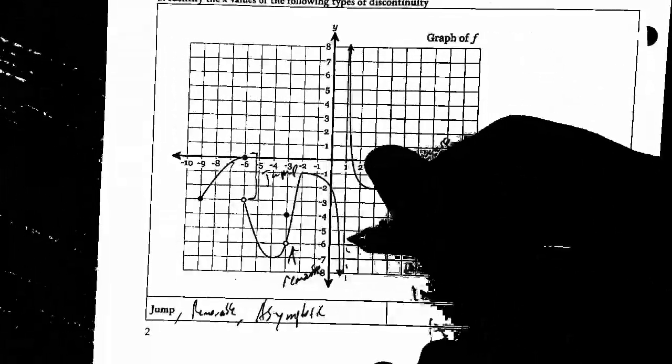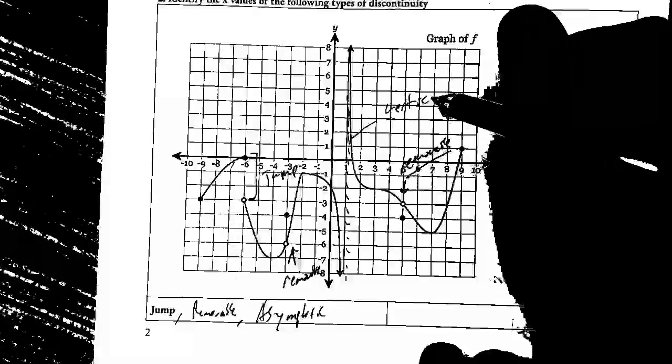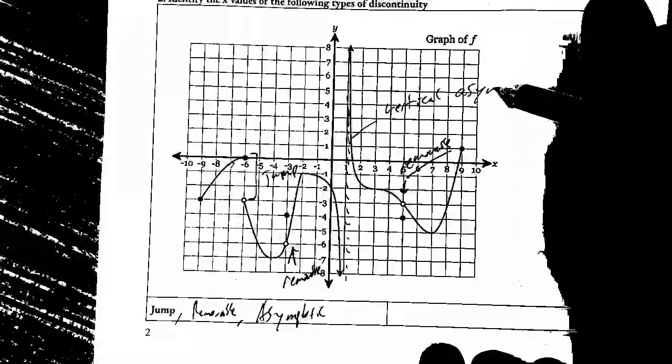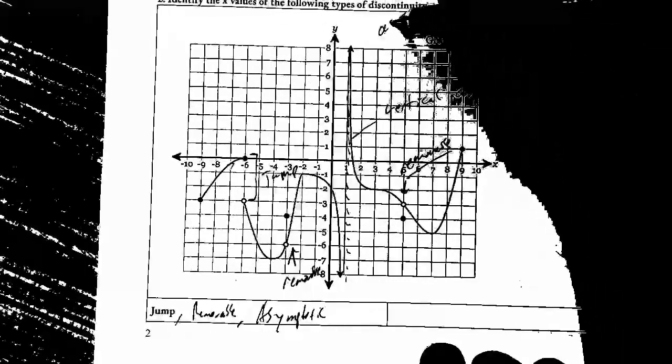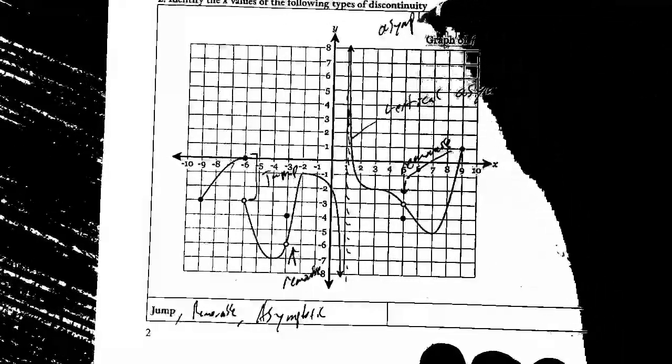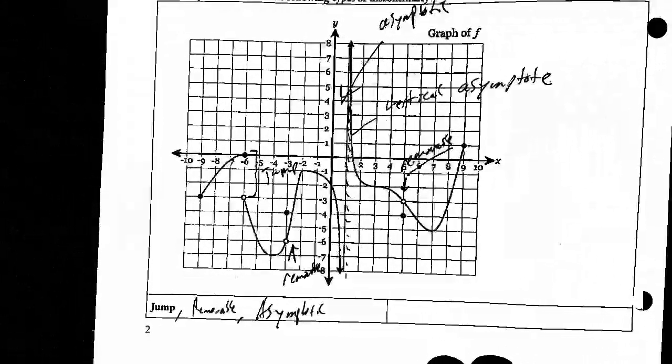And then this right here is a vertical asymptote, and that would be the asymptotic discontinuity. Is that clear? Okay, moving on.